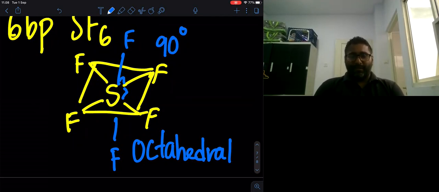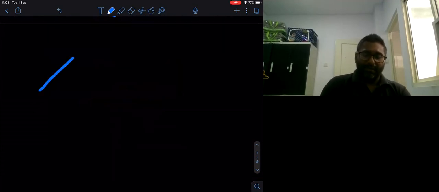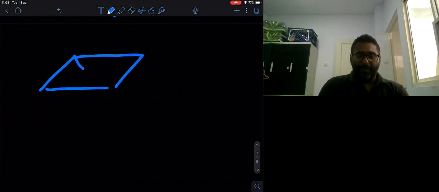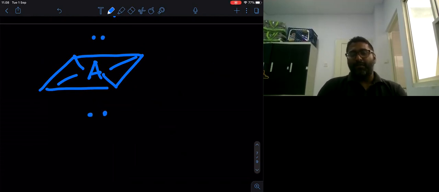Of course, there are some variations. For example, it's been asked in a CIE paper, if you have 4 bonding pairs, let's say that's going to be A, and then you have another 2 lone pairs. What is going to be the shape?